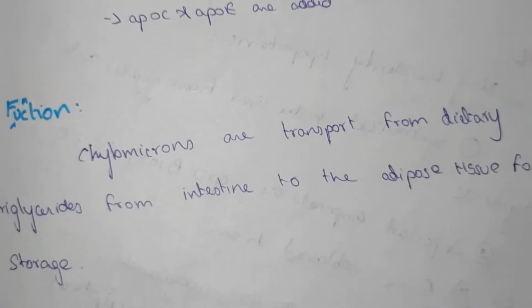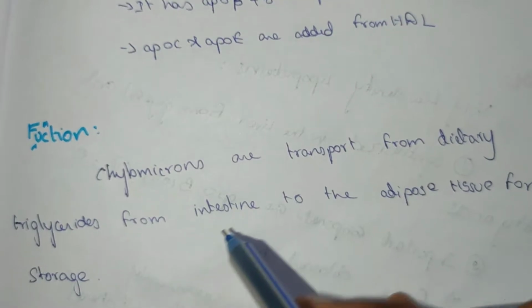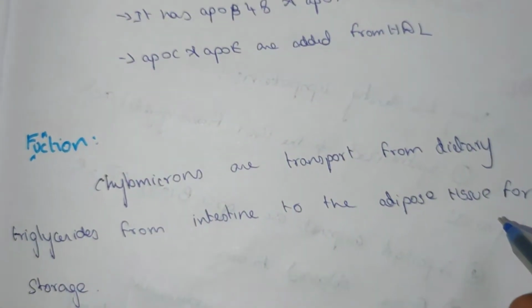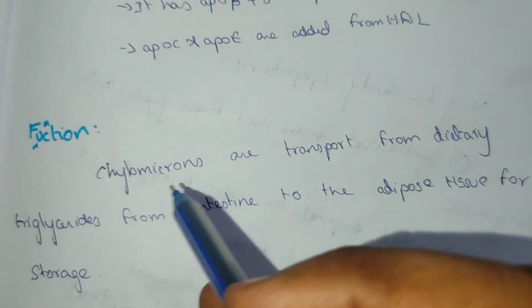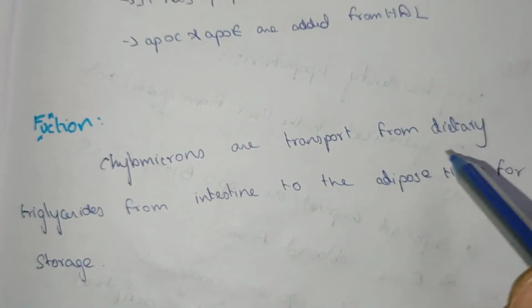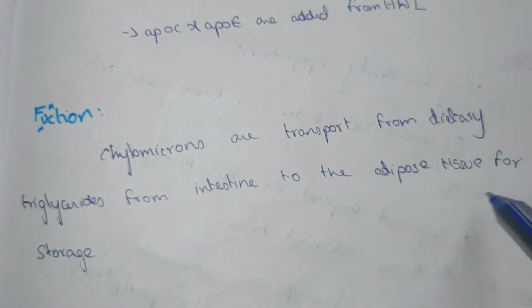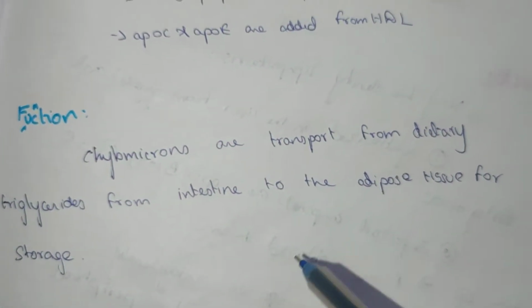The function of the chylomicron is to transport the dietary triglyceride from the intestine to the adipose tissue for storage.